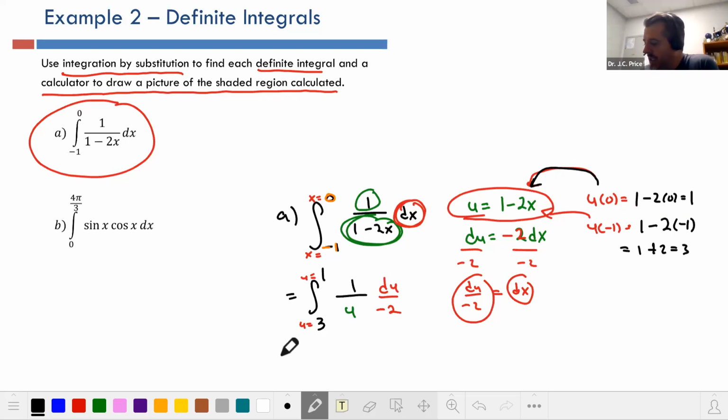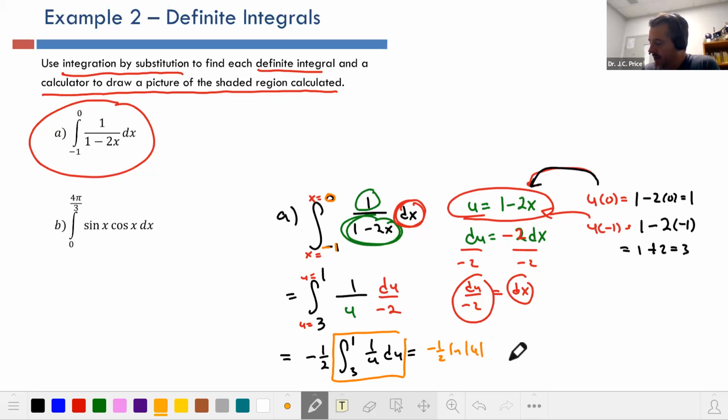And so now we'll clean this up a little bit. We'll bring out the -1/2. So we get -1/2, the integral from 3 to 1 of 1 over u du. This is now one of my types, so I can integrate it. So it's going to be -1/2 ln of absolute value of u from 3 to 1.